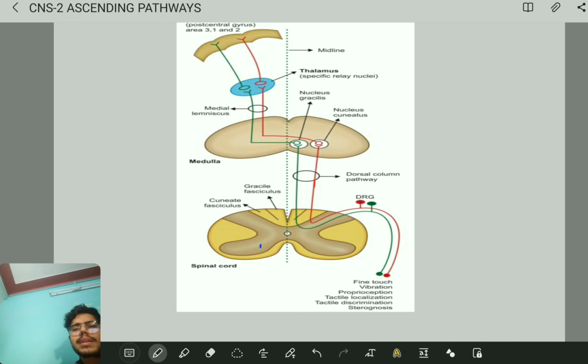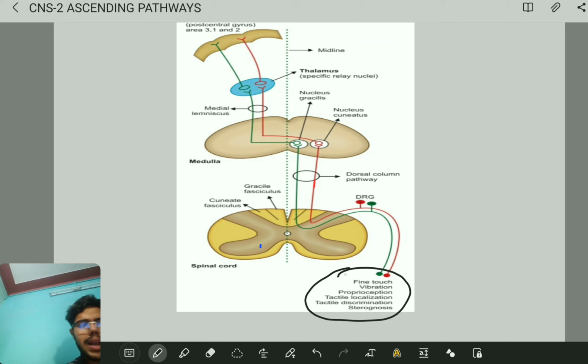So how you should be writing this dorsal column pathway is dealing with your order of neurons. We discussed that we have three orders of neurons, right? So based on this, you will be segregating your answer based on the neurons, right? So now these are your receptors.